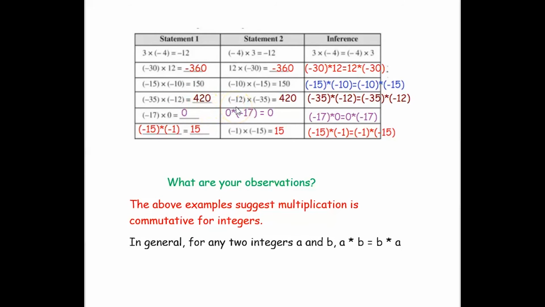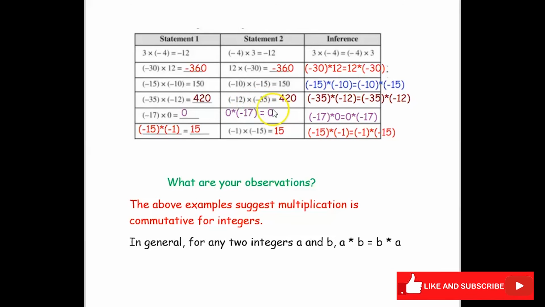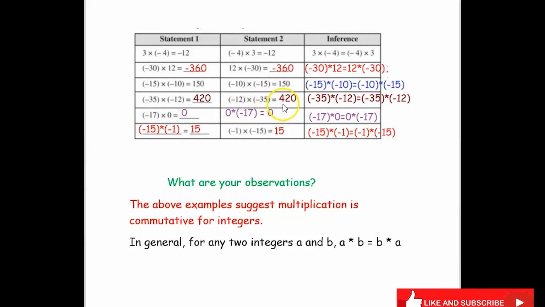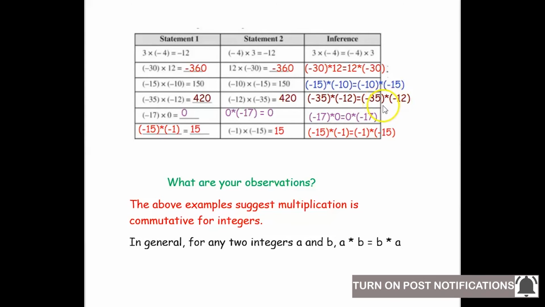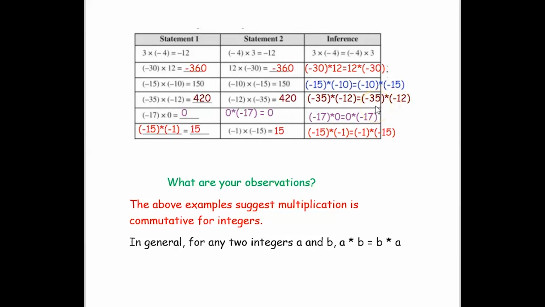Next statement is negative 12 into negative 35. So here two negative integers. So product of two negative integers is positive. Then 12 into 35 is 420. So what we are inferring is negative 35 into negative 12 is equal to negative 12 into negative 35.